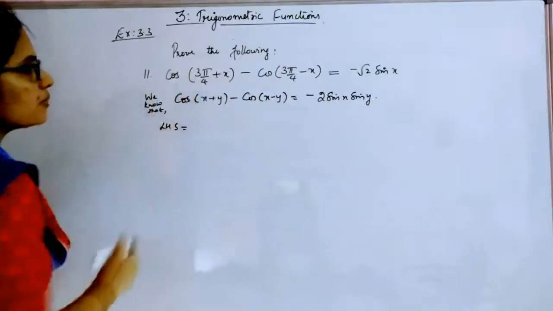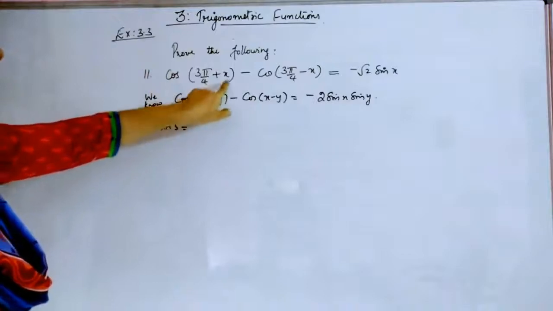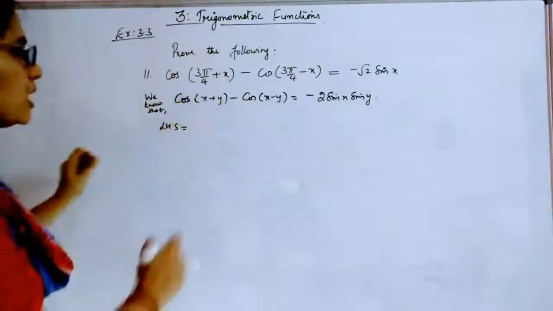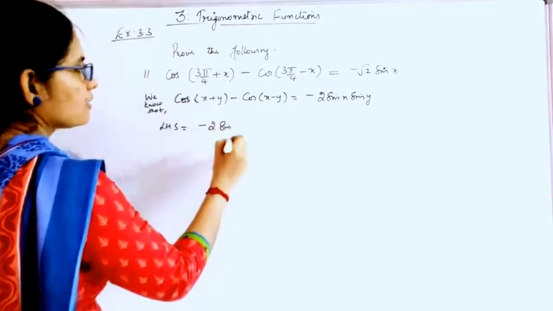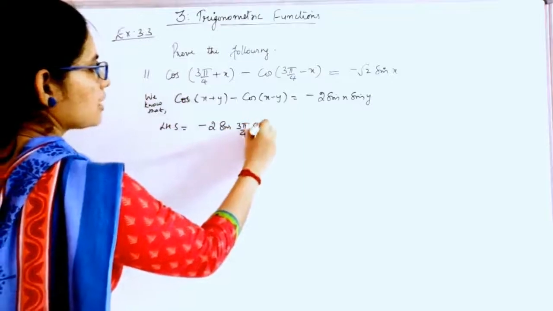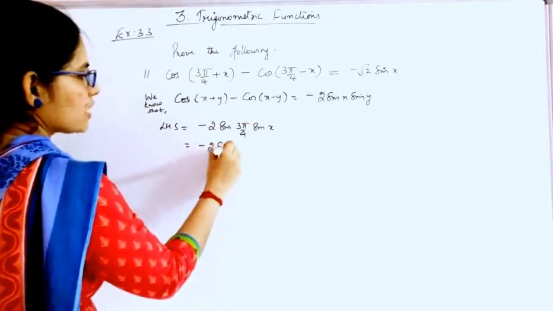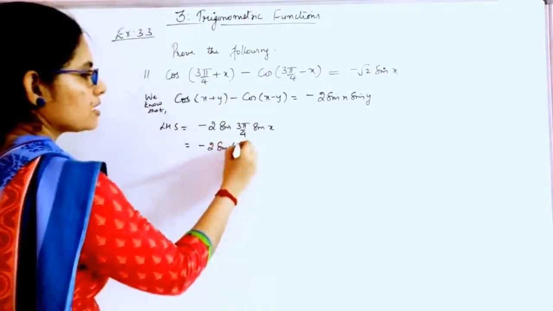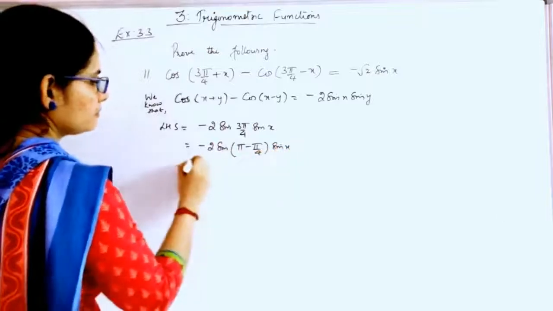So LHS will become, you just see cos of, instead of x you have 3 pi by 4, instead of y you have x, so that your answer will become minus 2 sin x, replace it with 3 pi by 4, and sin y replace it with x. Okay, so minus 2 sin, again 3 pi by 4 can be written as pi minus pi by 4, into sin x.